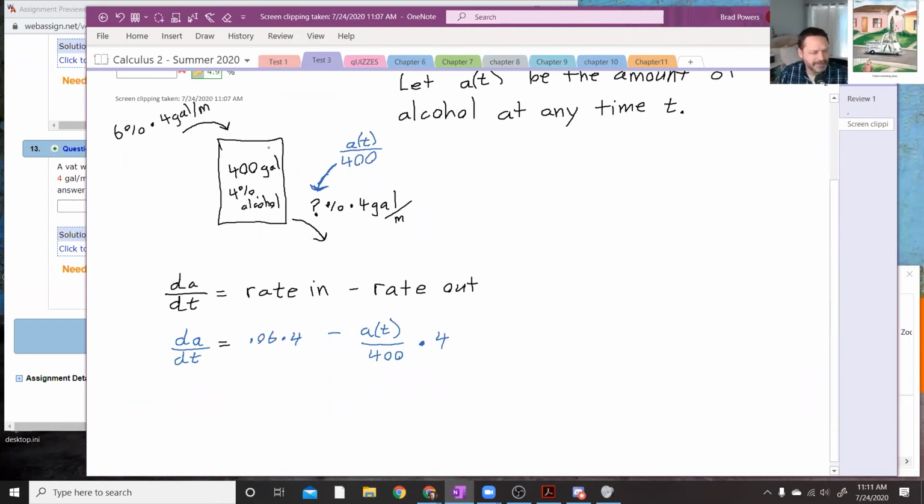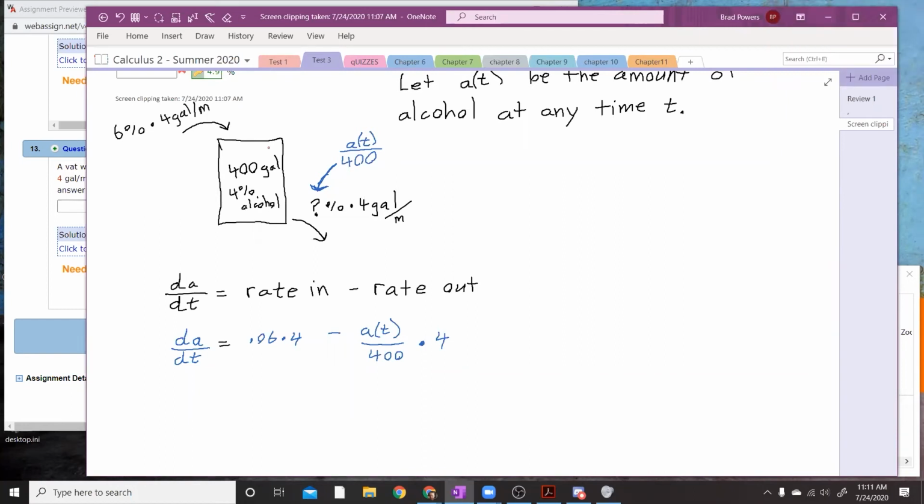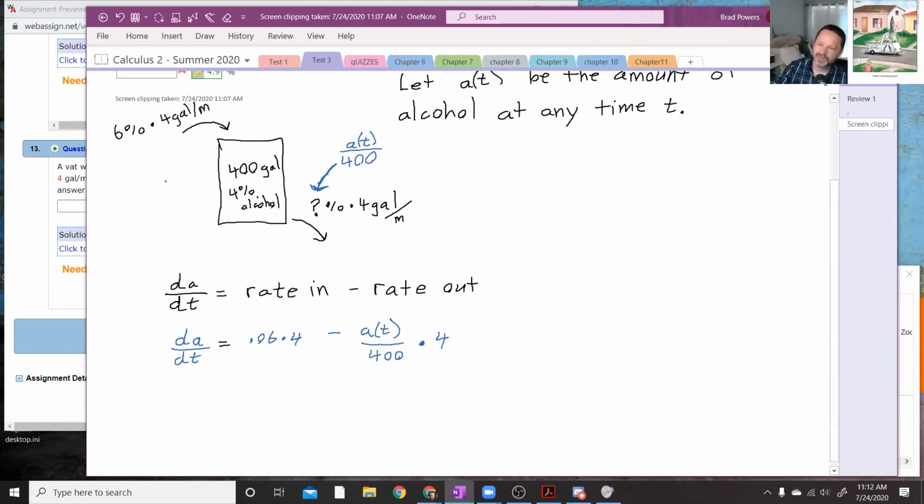What do you guys think? That makes a lot more sense now, the way you're setting it up with a problem that doesn't have a 0 for the rate in. Like I see your system for it now. Yeah, and you always want to remember that for the rate out, like we had to find the concentration.